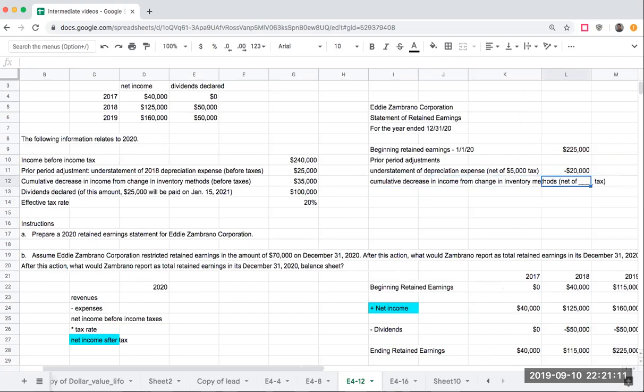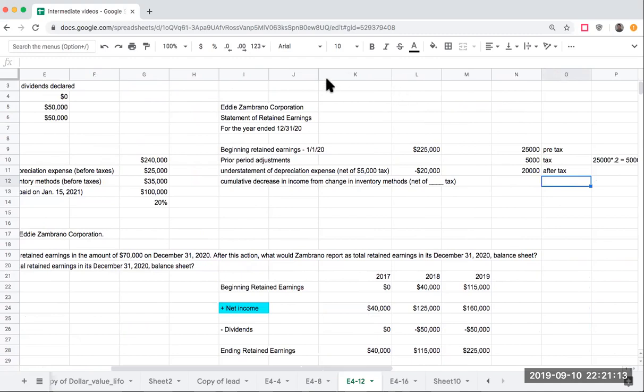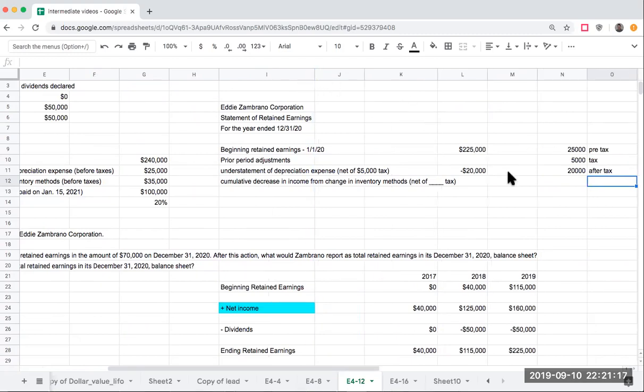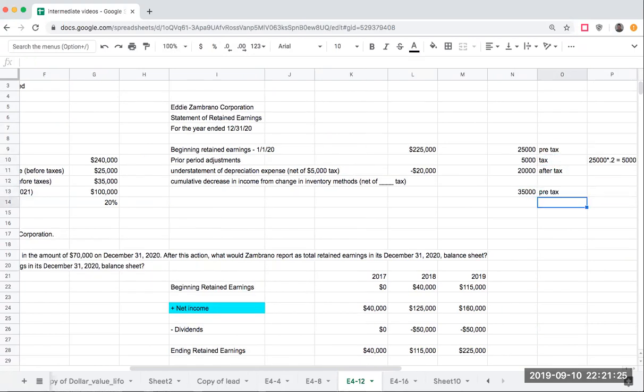And so what I'm going to do over here is similar to what I just showed over here. I've got this here, this is going to be 35,000. This is my pre-tax, okay, and this over here is the change in inventory methods.